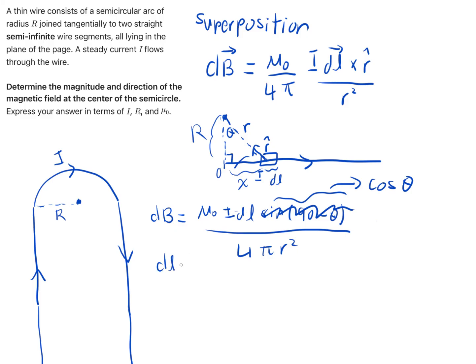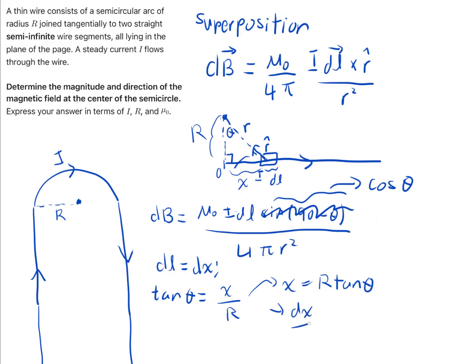So in this case, the dl, each little length, is just dx, since we've chosen this line to be along the x-axis. And then from trigonometry, if we find the tangent of theta, that's going to be equal to the opposite over the adjacent. So that's x over r. And then we can solve for x to get that x equals r tan of theta. And now we can differentiate both sides.